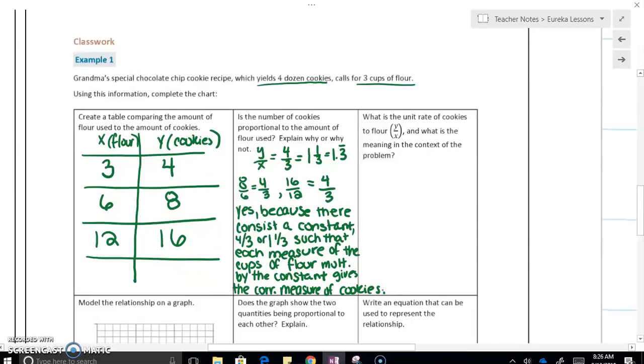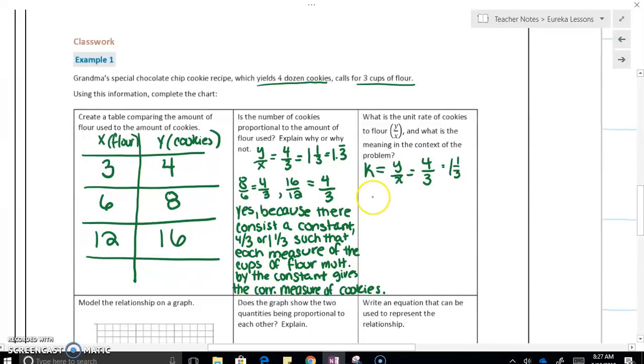Okay. All right. What is the unit rate of cookies to flour, y over x, and what is the meaning in the context of the problem? So we already discovered that the unit rate, which is k, is also equal to y over x, is 4/3, or 1 1/3, or 1.3 repeating.